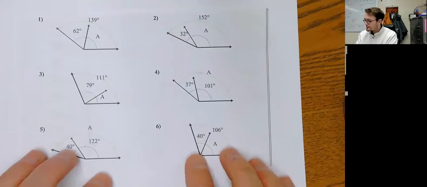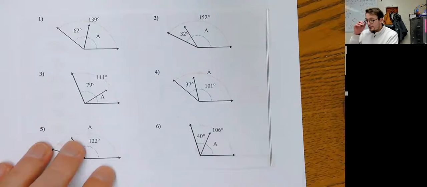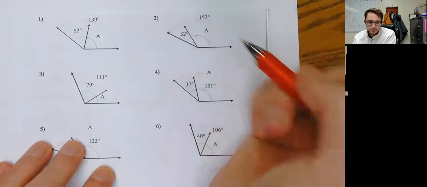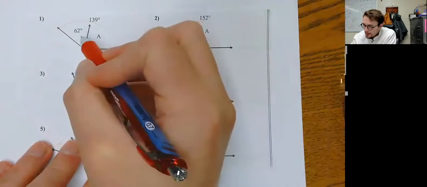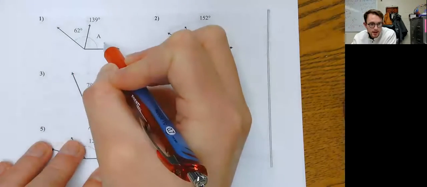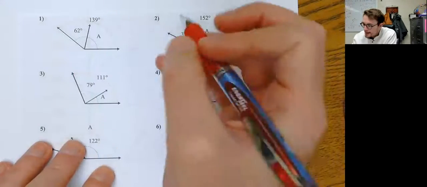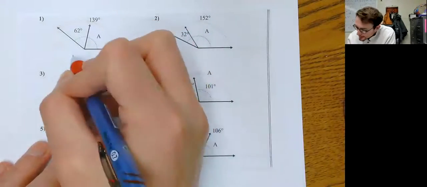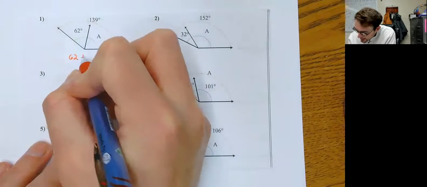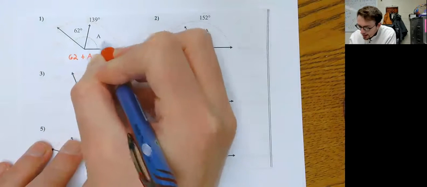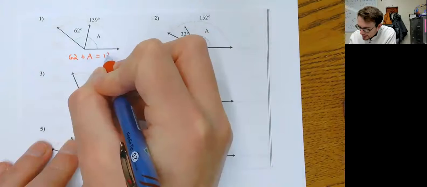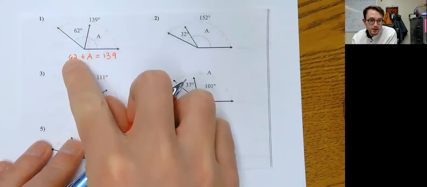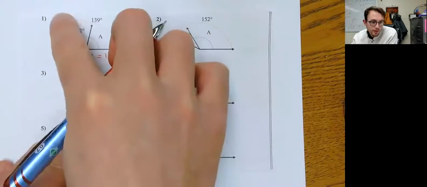So our angle is like this, where you have to set up an angle addition postulate. If this little angle is 62 and this little angle is A and the whole thing is 139, I can set up 62 plus A equals 139, because the little piece plus the little piece equals the whole thing.